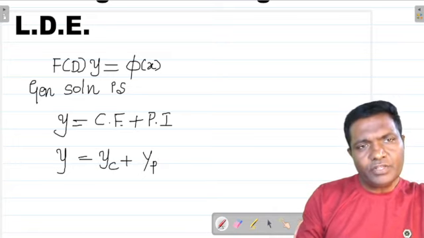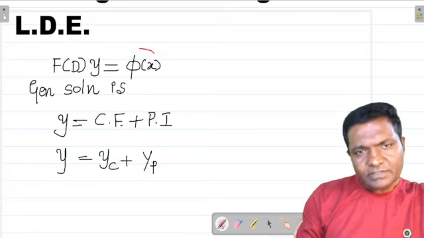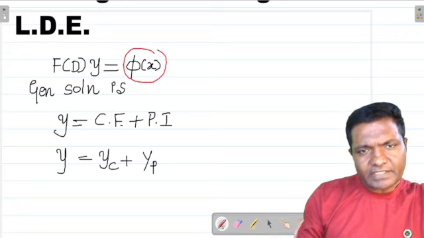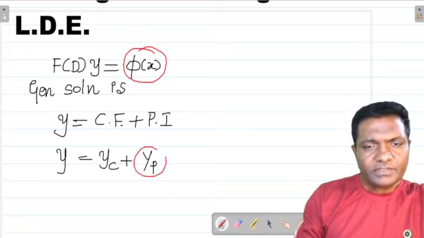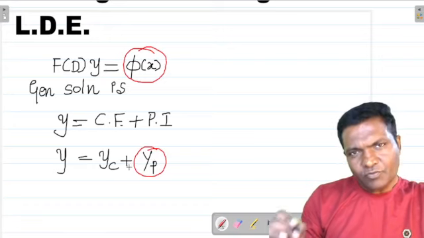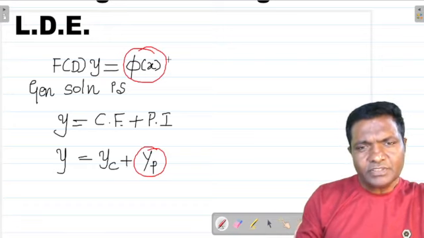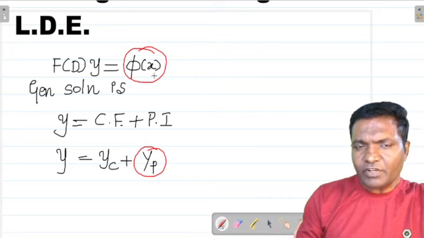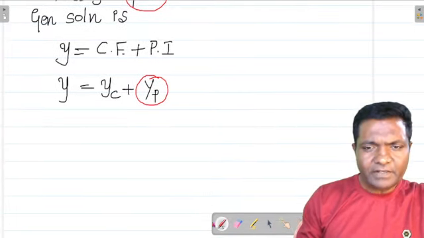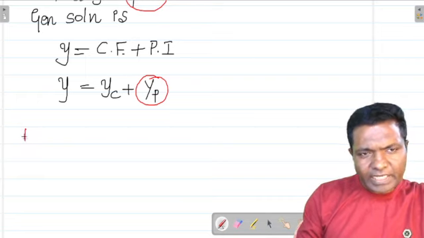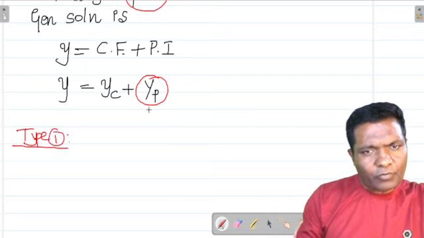If you have a function of x on the right hand side, you need to find this yp. Finding yp depends on the nature of phi of x, so we will discuss one by one. Type 1: finding yp.